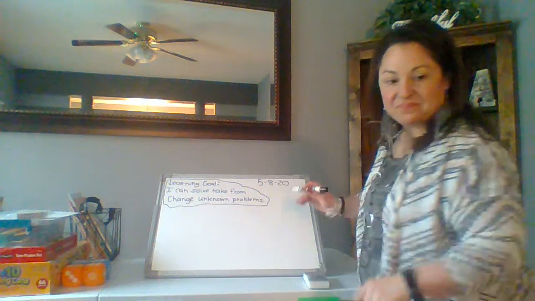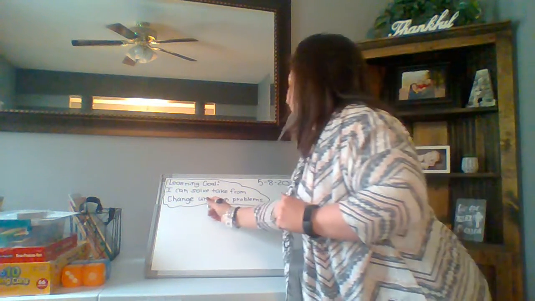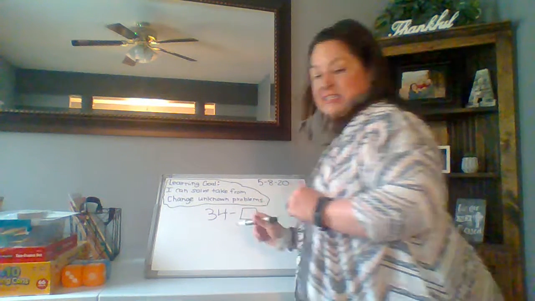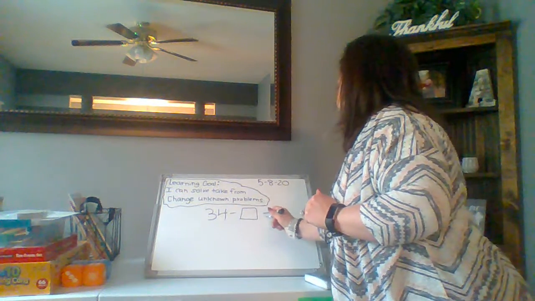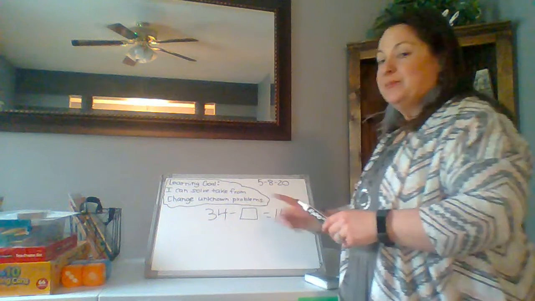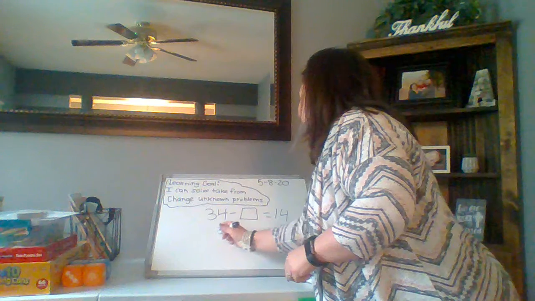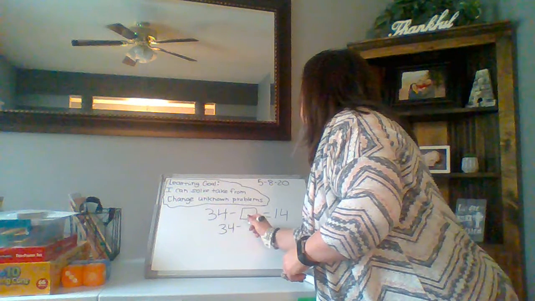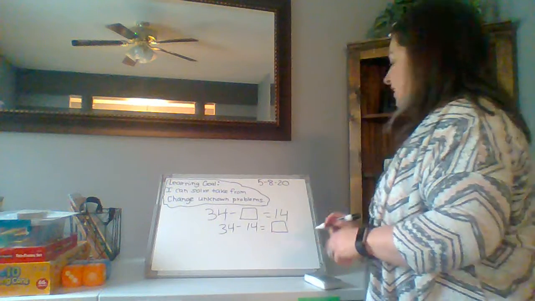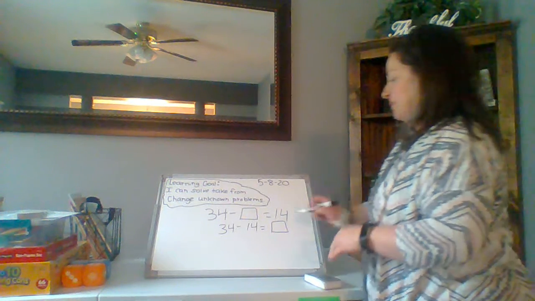All right, let's do one more. What about 34 take away box equals 14? Remember our trick, we can flip those two parts around to make it easier to solve because those are members of the same fact family. So what is 34 take away 14?